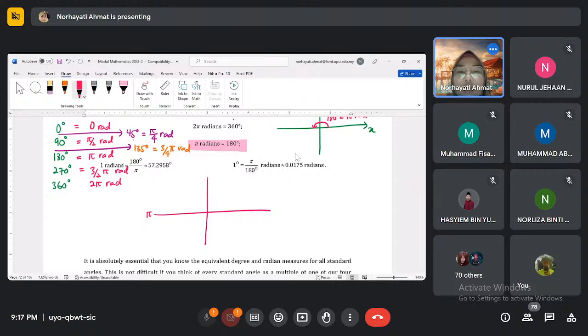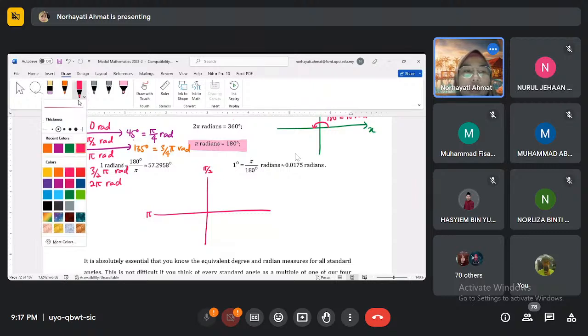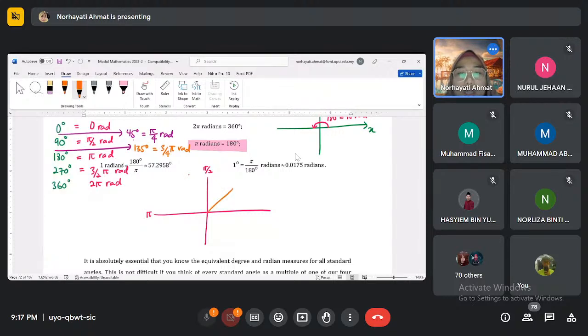Okay, so tengah-tengah is pi over 2. Okay, quarter is pi over 4. 3/4, 3 over 4 pi. Betul tak? This is 0. Betul. So kita boleh bayangkan daripada gambar tu.